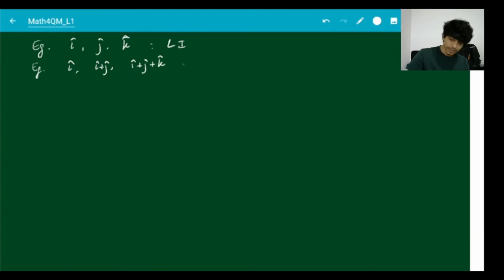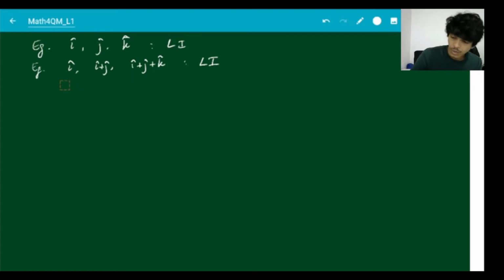Yes, these are also linearly independent, because it is not possible to write, let's say, i plus j plus k purely as some linear combination of i and i plus j. Or the other way around, it is not possible to write i as some linear combination of i plus j and i plus j plus k. Try it out. Try and find various combinations. You will find that it's never possible to do it. Therefore, these are also linearly independent.